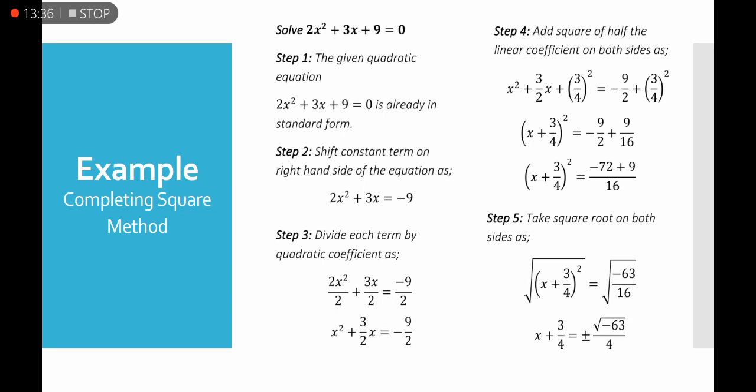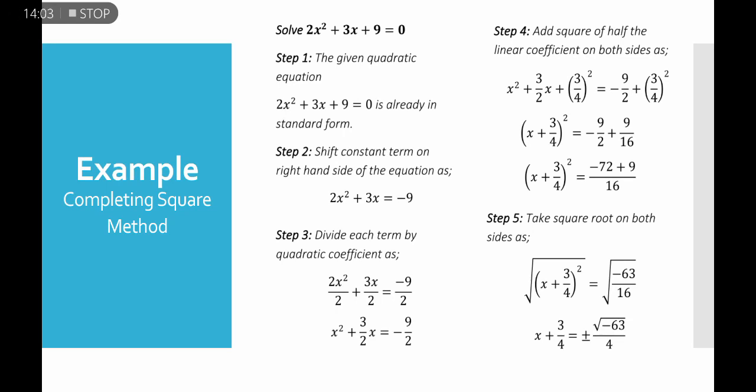Step 4. Add square of half the linear coefficient on both sides as x square plus 3 by 2x plus 3 by 4 whole square equals minus 9 by 2 plus 3 by 4 whole square. Note that 3 by 4 is the half of 3 by 2.